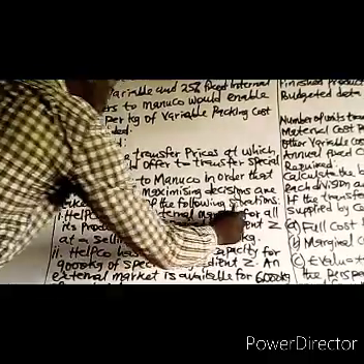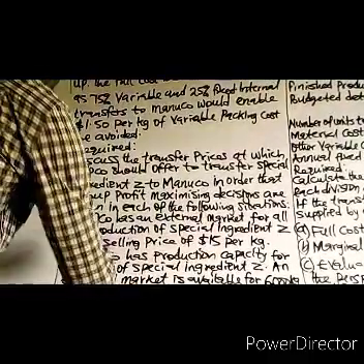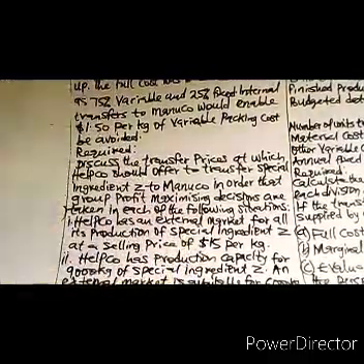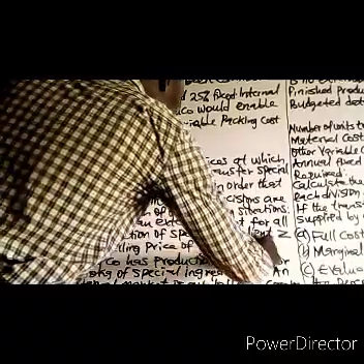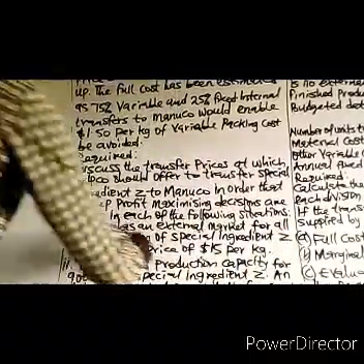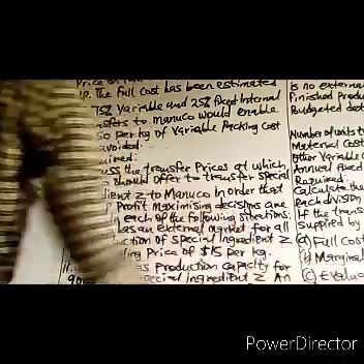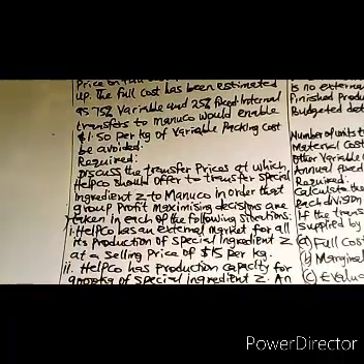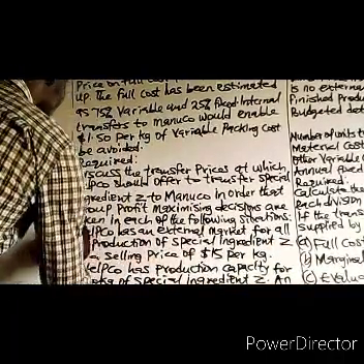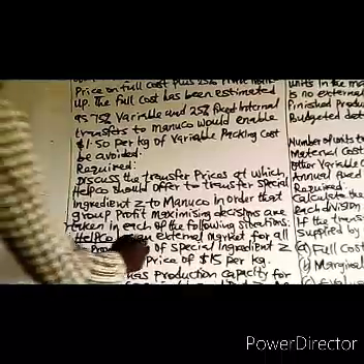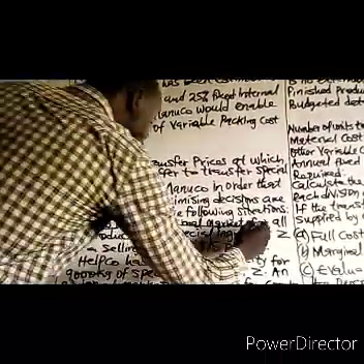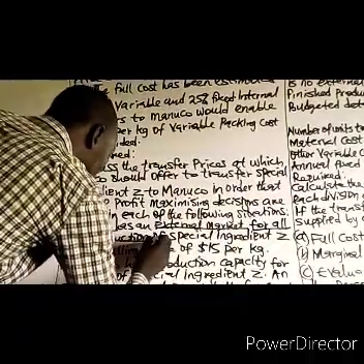The first situation: Hepco has an external market for all its production of special ingredient Z at a selling price of $15 per kg. So you were told Hepco, the selling division, has an external market for all its production.